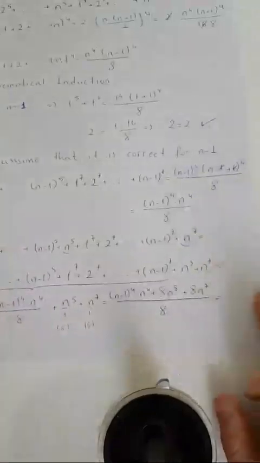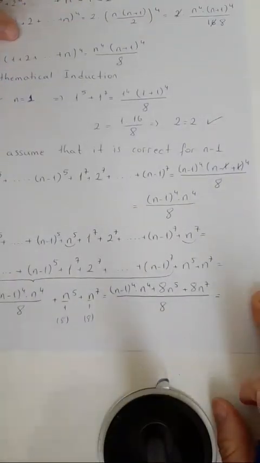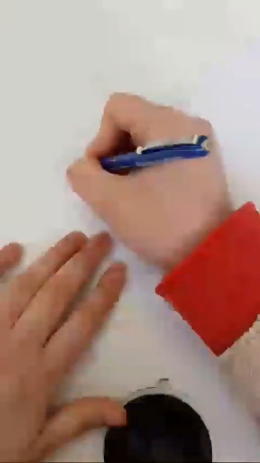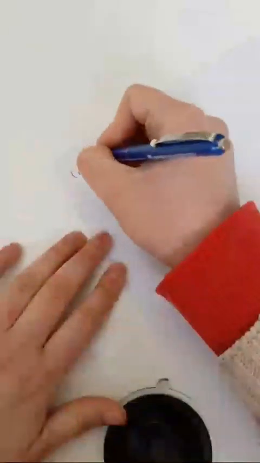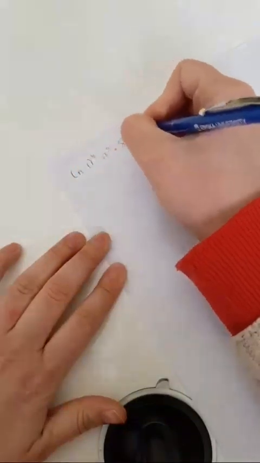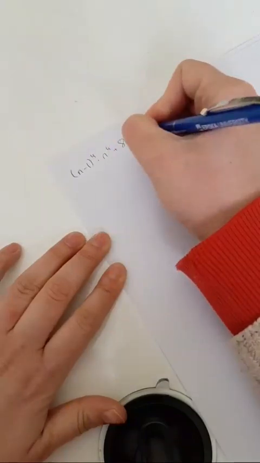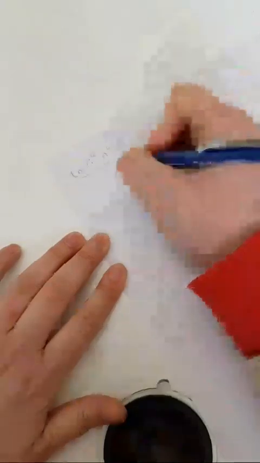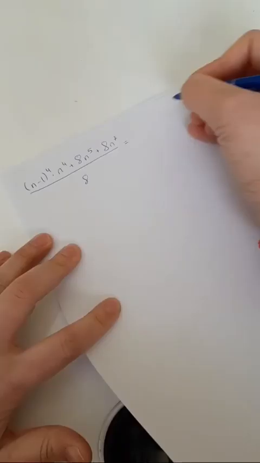Now, let me take another paper. Now how will I write? What we had, let me write one more time here: (n minus 1) to the power of 4 times n to the power of 4 plus 8 n to the power of 5 plus 8 n to the power of 7 over 8. We had this one in front of the parentheses.